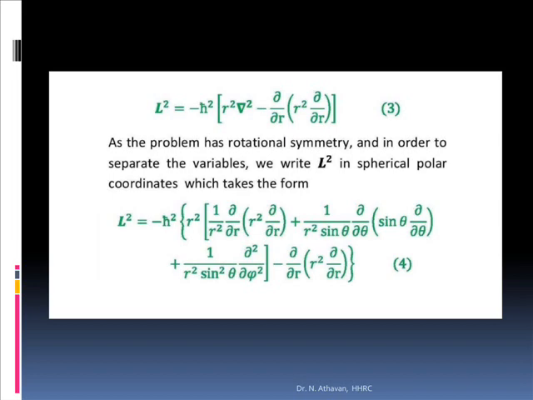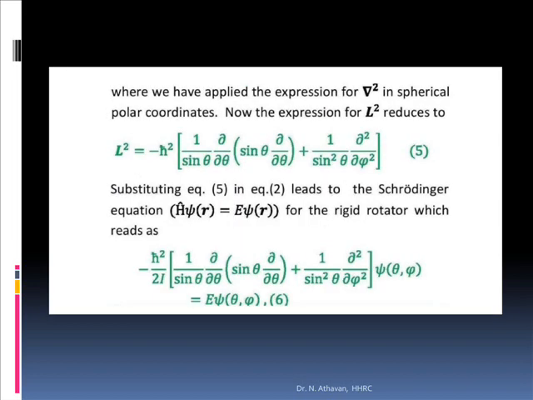After writing it, the new equation for L square takes the form given in equation 5. After simplification, the equation contains only theta and phi and the r component is absent. That is the good news, because we don't need to worry about the radial part of the problem.